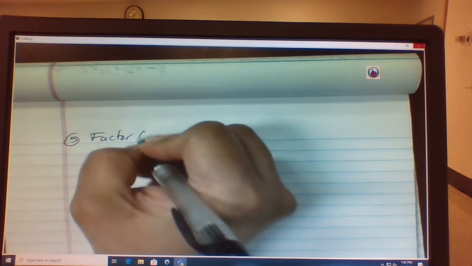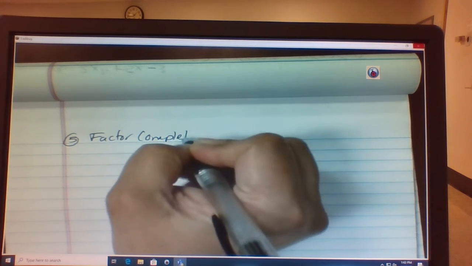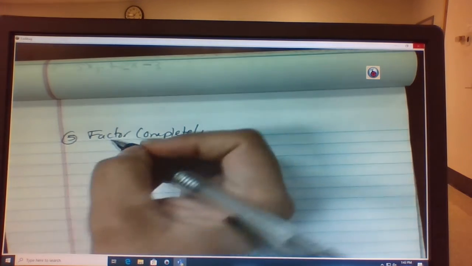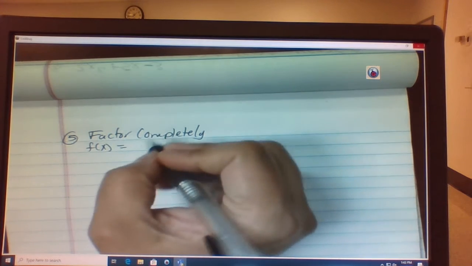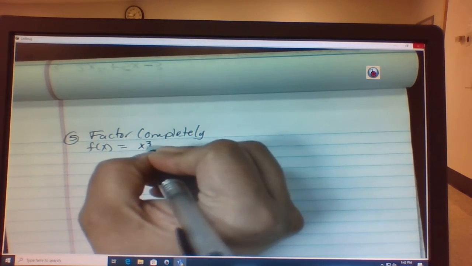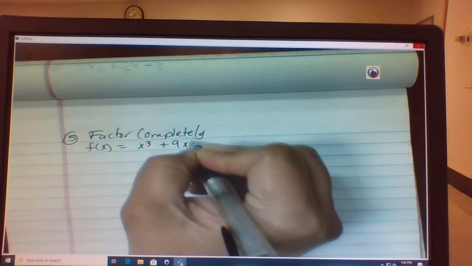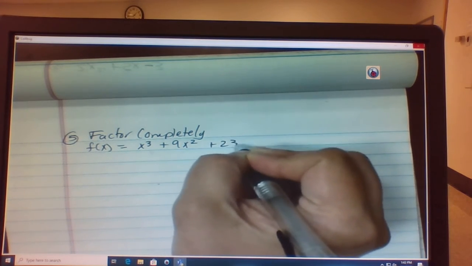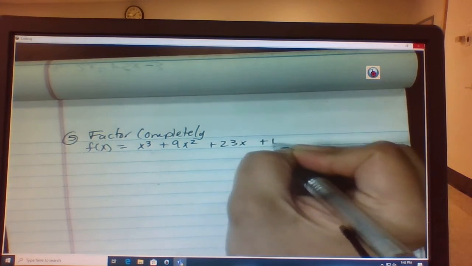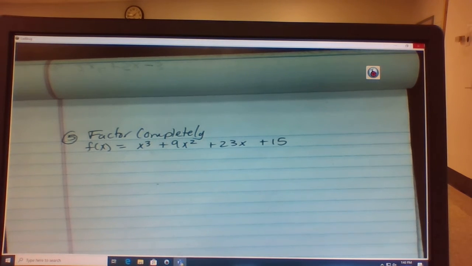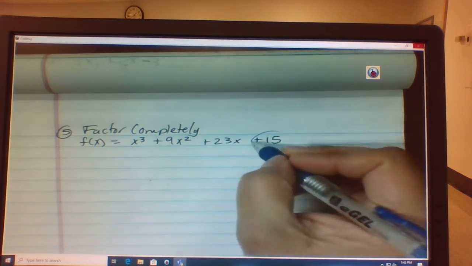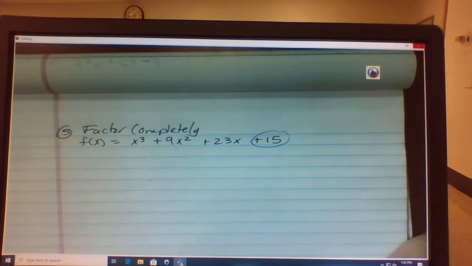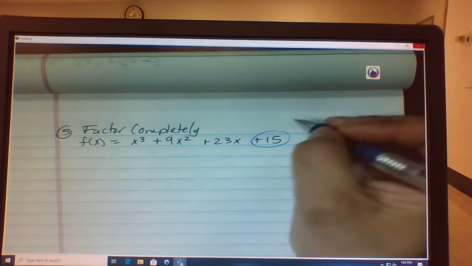Factor completely. The problem they give you is f of x equals x cubed plus 9x squared plus 23x plus 15. Now remember, who determines which are the numbers that I could use? The very end, right? Who are my factors of 15?